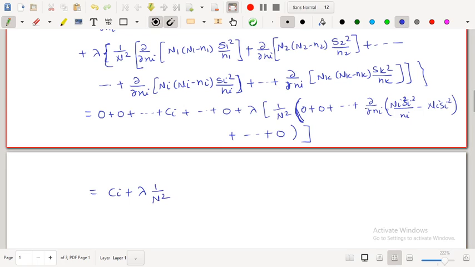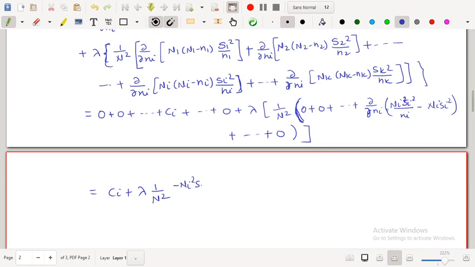so ∂/∂ni of, if we apply this derivative here, then this ni square si square will be constant and this derivative will apply to this 1 upon ni, and here in this second term there is no ni, so this is constant with respect to this derivative, so this is 0. So the derivative of this is minus ni square si square upon ni square.